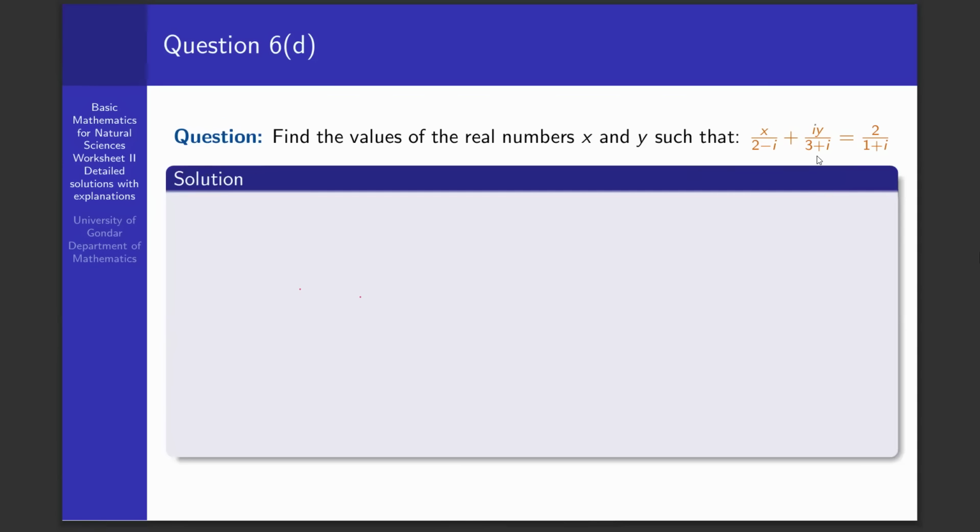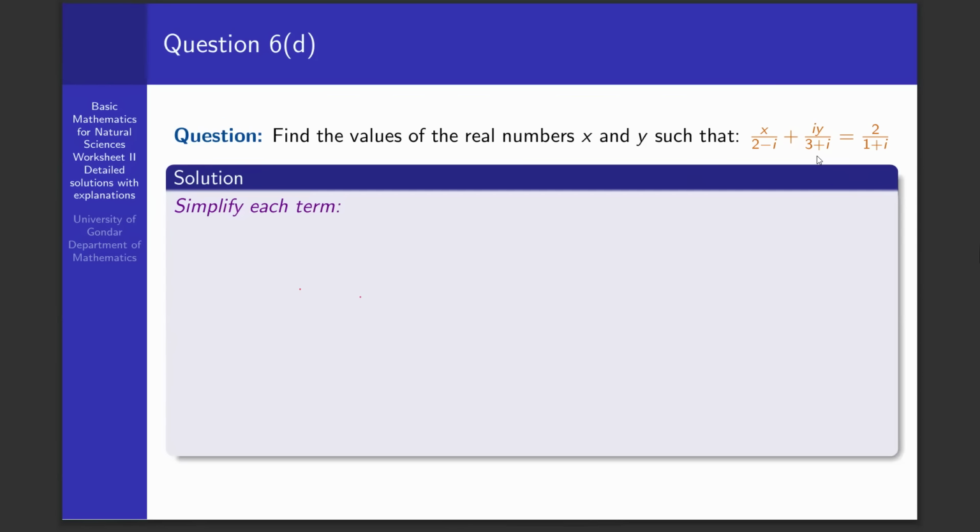So the solution could be, first, let us simplify each term. That means let's write each of the three terms in the standard form, that is z equal to x plus iy. To do this, we have to multiply the first fraction by 2 plus i, which is the complex conjugate of the denominator, the second by 3 minus i, and this one by 1 minus i.